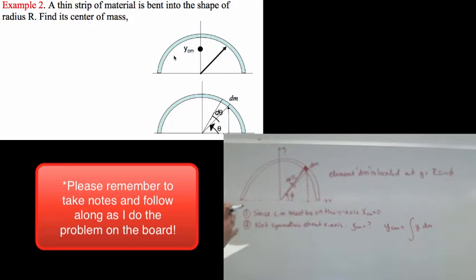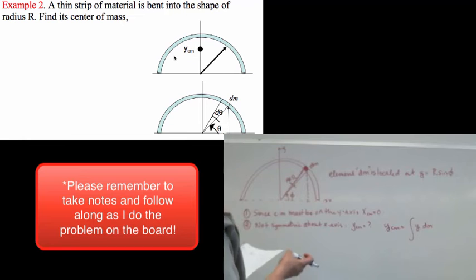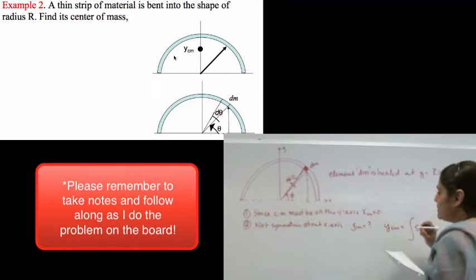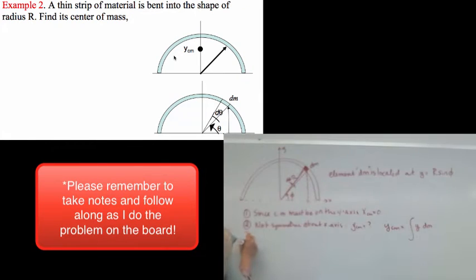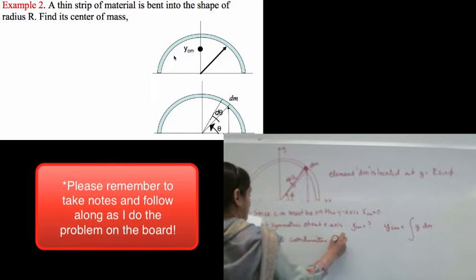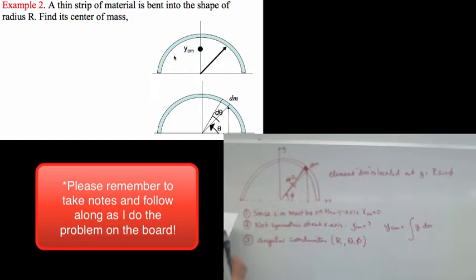Now, we could use XYZ coordinates, but we are going to use angular coordinates. It's going to make our lives very, very simple. So we are going to use angular coordinates, which means we're going to use r, theta, and phi, or spherical coordinates, however you want to call them.